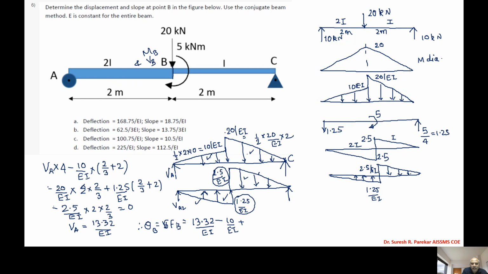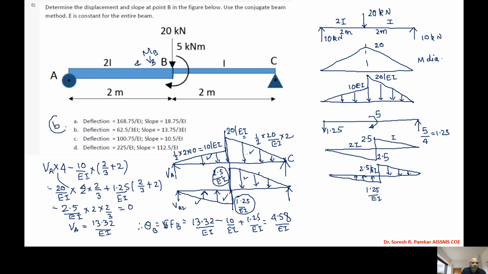We are considering the area on the left of B, and then plus 1.25 upon EI, and this gives us the value 4.57 upon EI, 5857, and this will be the option, that is B, slope.